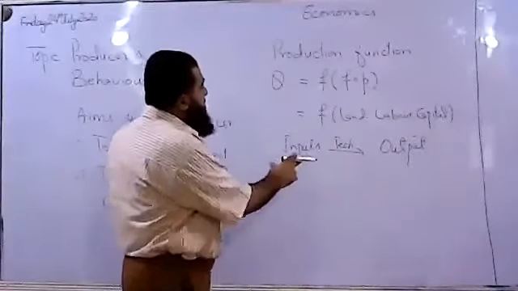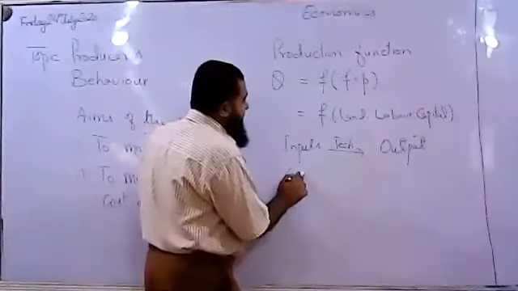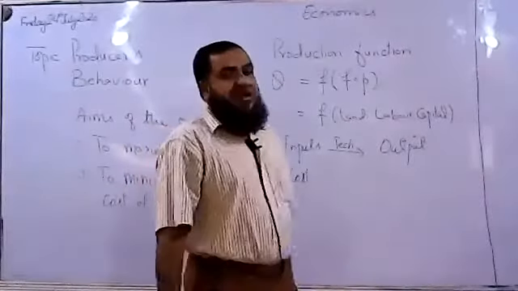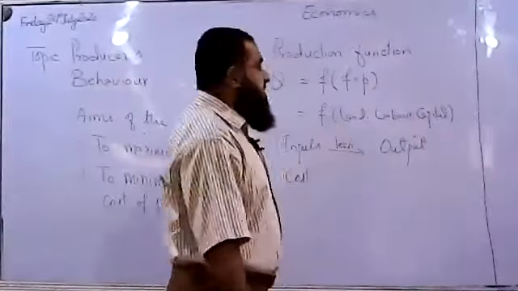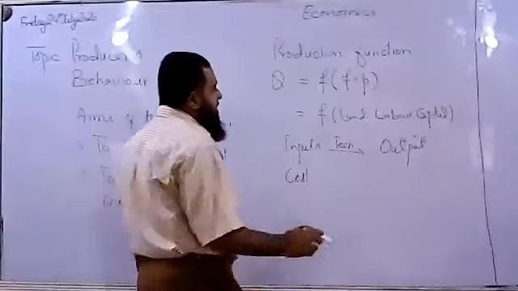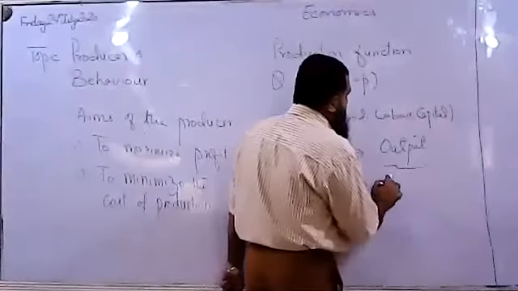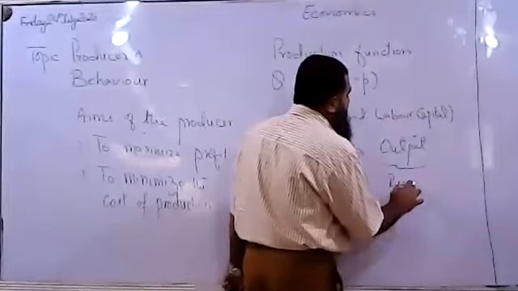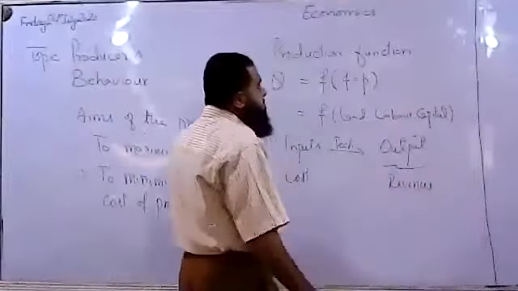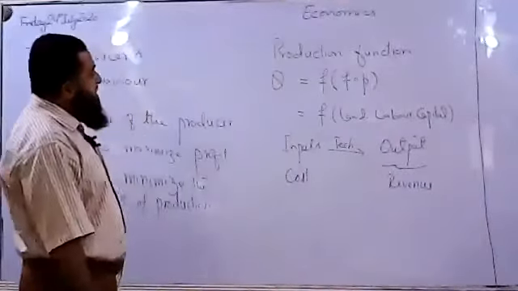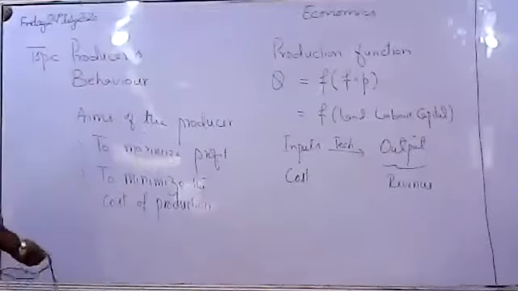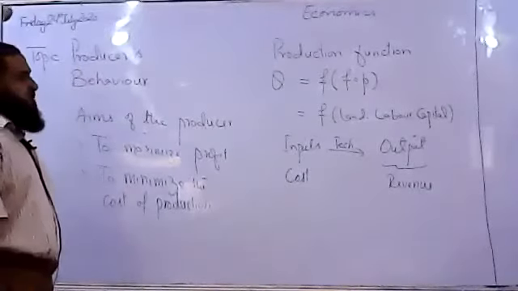So here the producer is incurring the cost. When he is using the inputs, he is incurring the cost. He has to make the payments to these factors of production, whereas the output will generate revenue for the producer. So when revenue is exceeding the cost of production, his aim of profit maximization will be achieved.